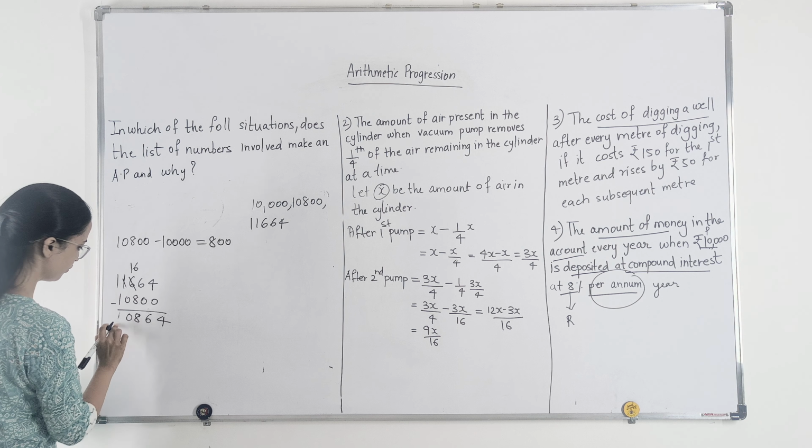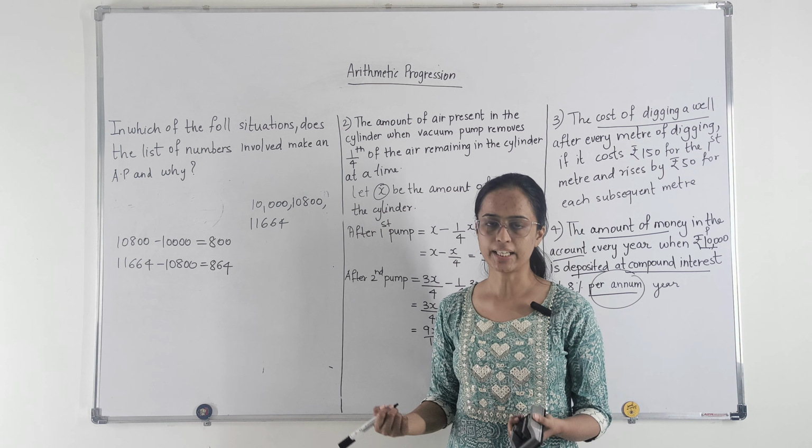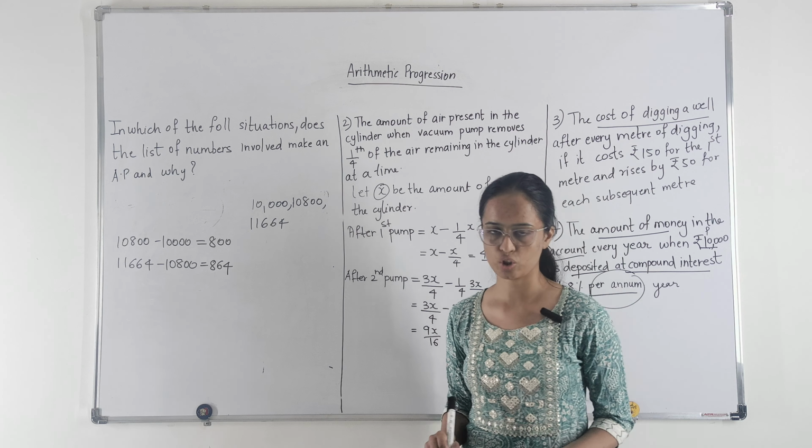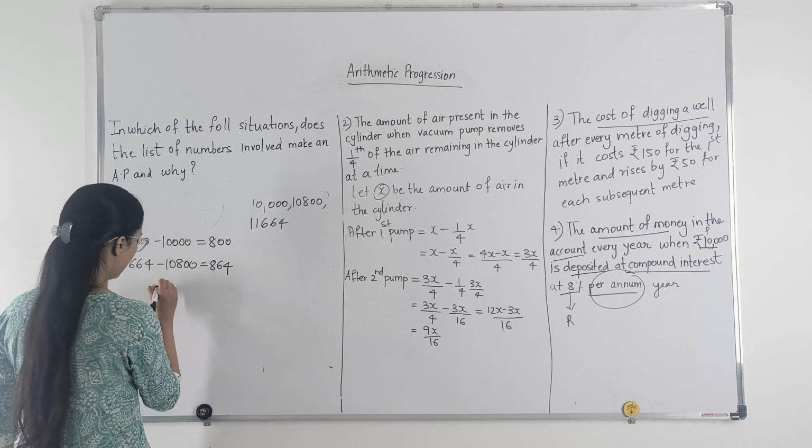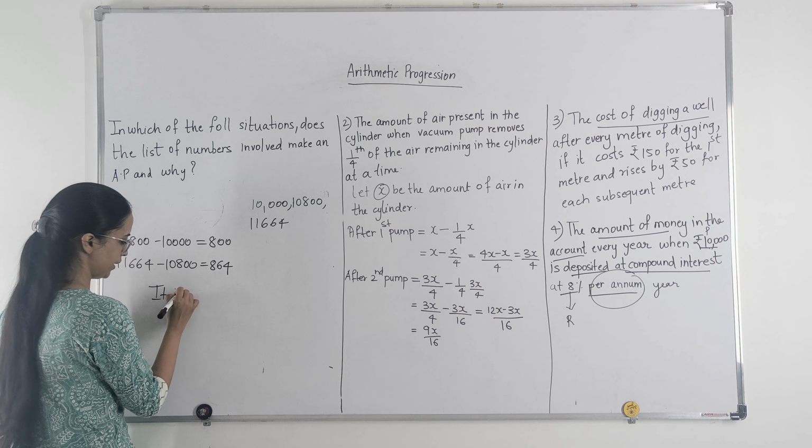Again both the differences are not same, they are different. So here the difference that you get of the successive terms is not equal, so it is not the common difference. And if it is not the common difference, then the given sequence is not an arithmetic progression.